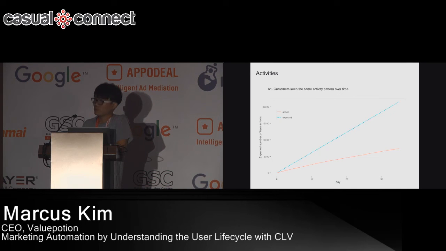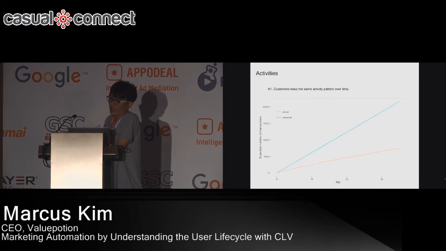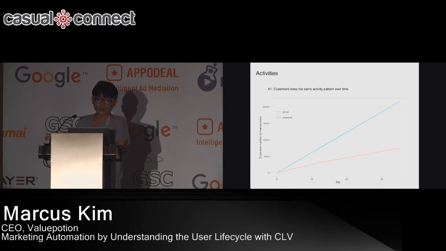So we assume users' activities happen at regular intervals until they churn out, and we applied this assumption to the activity prediction model. As a result, this chart shows the predicted data has a big gap from the real data. The red line is real data, because this activity prediction model has not considered churned out users.